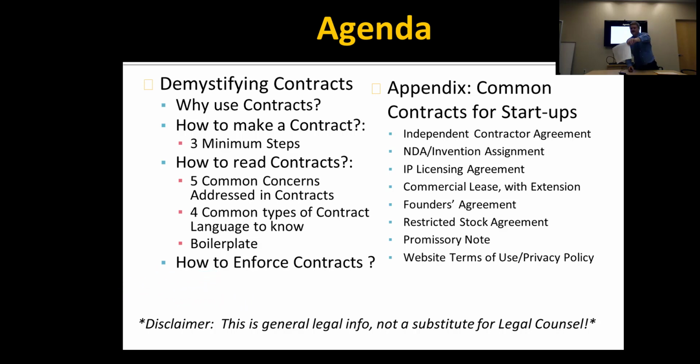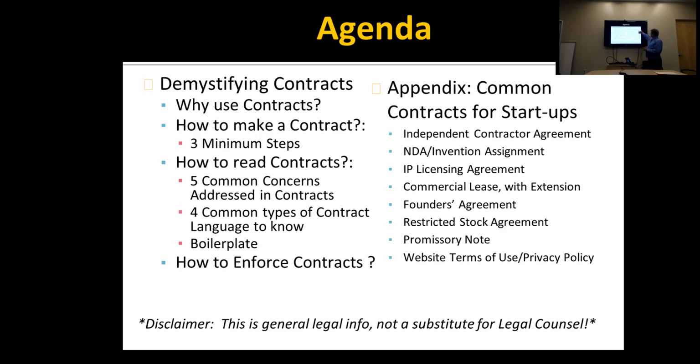So what we try and give you is a sense of ways to read contracts, looking for common elements, and then also common kinds of provisions and wording that, once you see them, will help you feel more comfortable with them. We're hoping you'll go forward with a sense of confidence when you get a contract of some sort, that you can attack it in some fashion. And then we'll cover little things about how to enforce contracts.